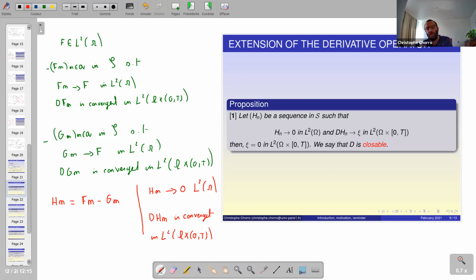But if I suppose that proposition 1 is true, what do I obtain? I obtain that the limit of D of Hn is necessarily equal to 0.